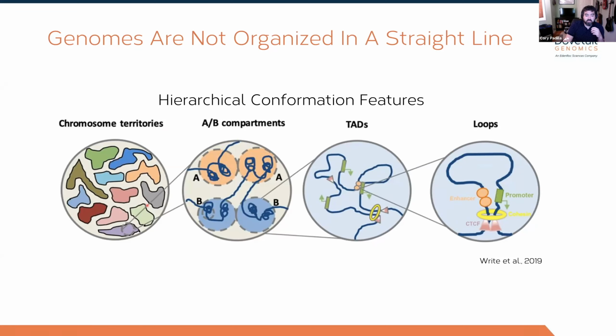And then even within a chromosome territory, there's additional packing that occurs, where you get these open, active euchromatin compartments that are often associated with high levels of gene transcription. And then you have these silent heterochromatin, often called B compartments, that are really compact and not transcriptionally active.